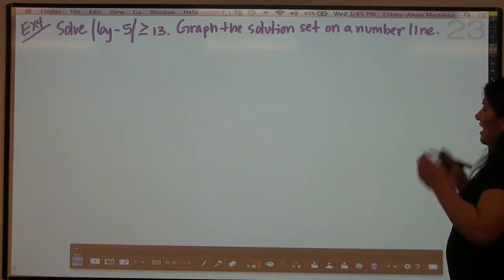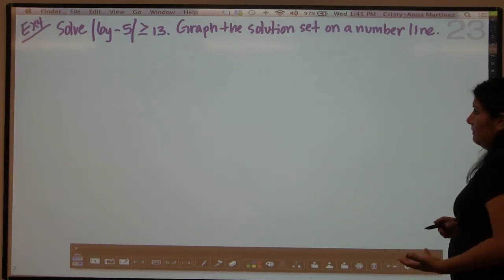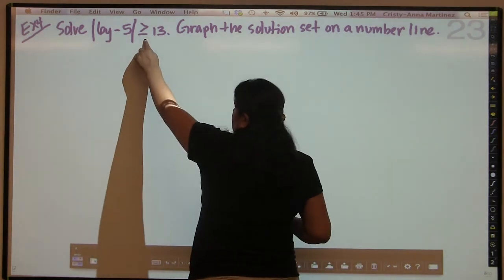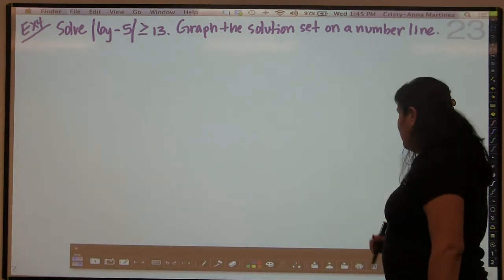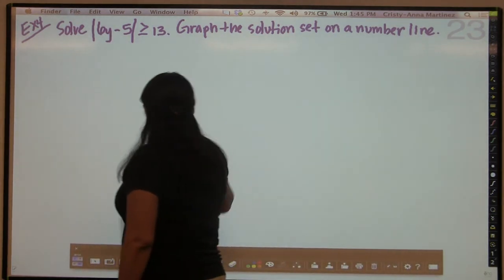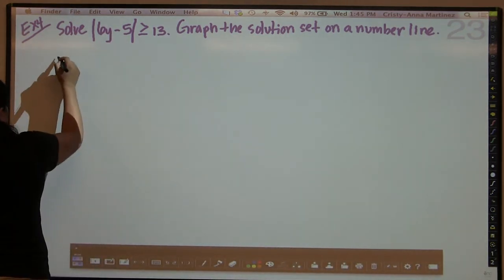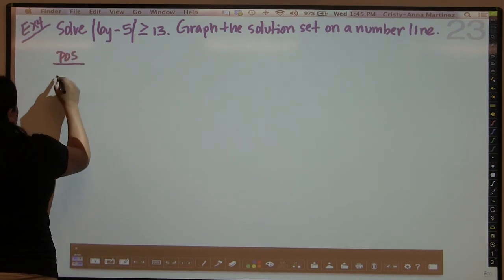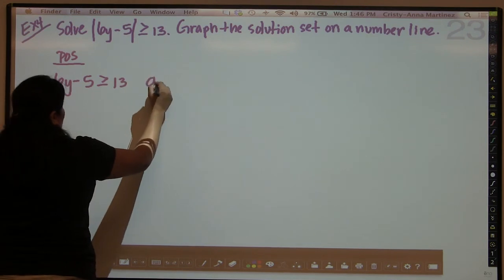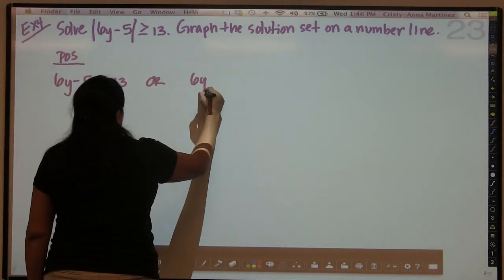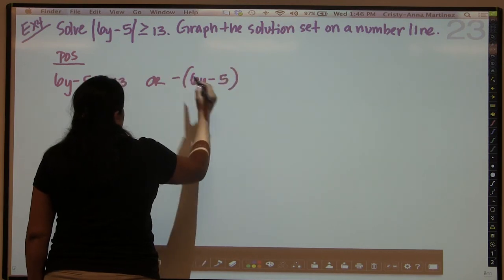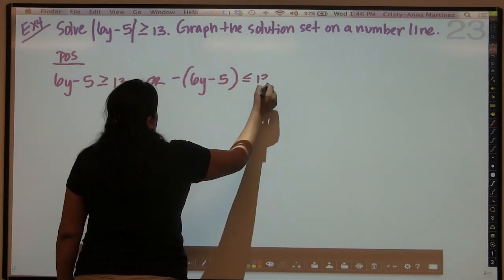And then we have this example, which is a multi-step absolute value problem. But again, at least for me right now, this is a greater than, so it means that this is going to be an or. So we're going to solve this guy right now. So again, remember that your positive case is 6y minus 5 greater than or equal to 13, or you have 6y minus 5, the negative, for the negative case.